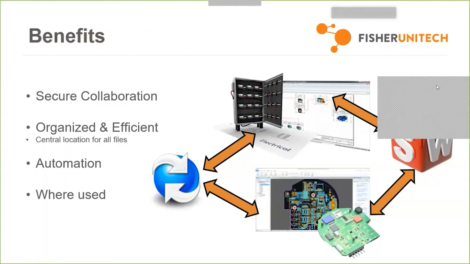You can use all of the nice template functionality and API functionality that's within PDM to automate some things. So you get your automation, you get your where used. You can manage the bills of materials separately if you want, or just have them part. So it gives you a lot more flexibility of how you want electrical or PCB information to be shared throughout your organization.